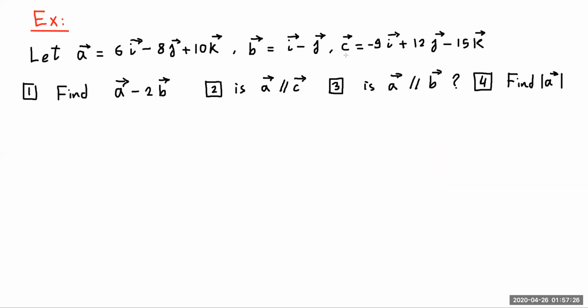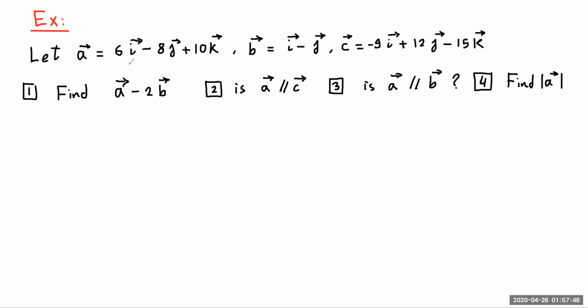Okay, in this exercise, let A be 6i minus 8j plus 10k, vector B be i minus j, and vector C be minus 9i plus 12j minus 15k. So question number 1, find A minus 2B.